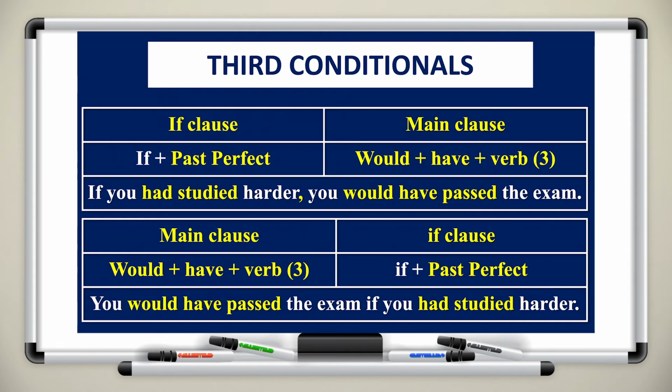We ended the 3 conditionals, and before we start our practice, let me ask you one thing. You need to focus on 2 things. You need to focus on the if clause and the main clause. When it comes to answering questions, look at the sentence. Which part is mentioned? Do they mention the if clause or the main clause? If they mention the main clause, look at the verb.